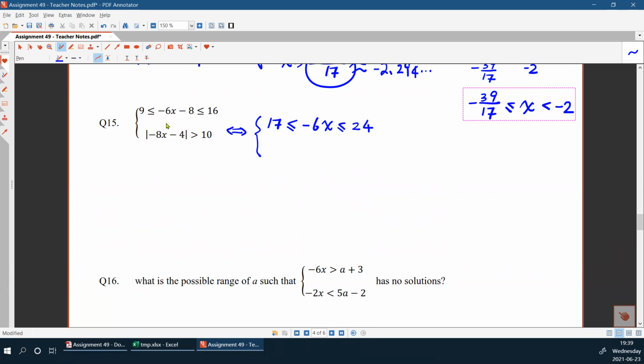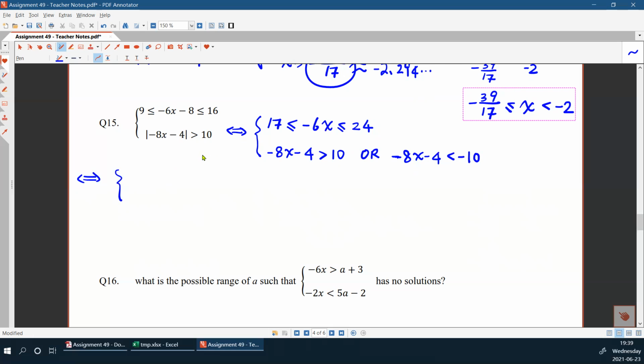That means the distance between 0 and this number should be greater than 10, right? So this is equivalent to either this number is larger than 10, or this number can also be smaller than minus 10, right? Because the distance between minus 10 and 0 is also 10. So this number can also be smaller than minus 10.